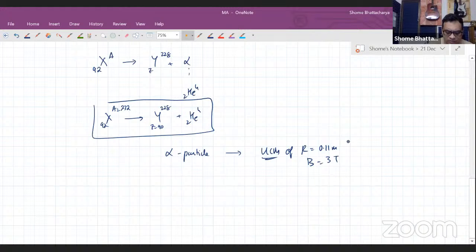We have to find the binding energy per nucleon of the daughter nucleus Y.